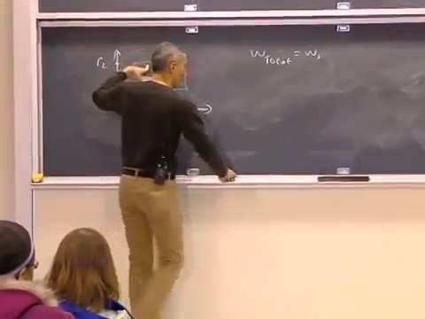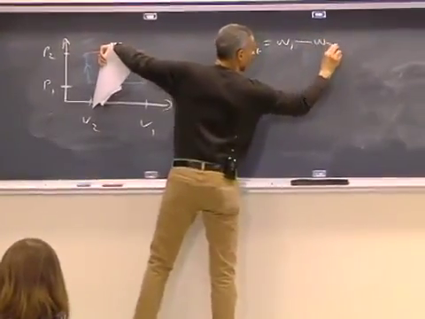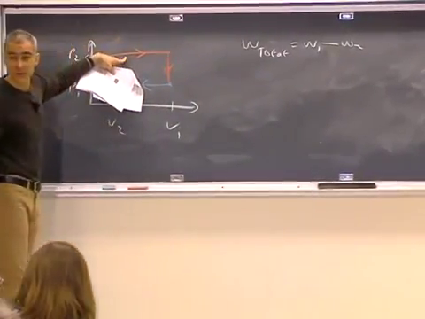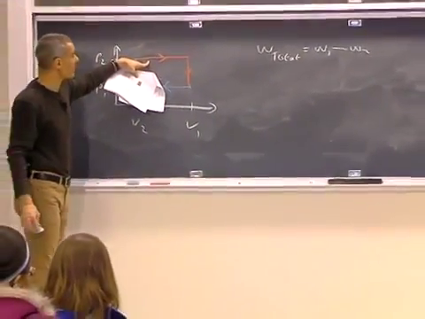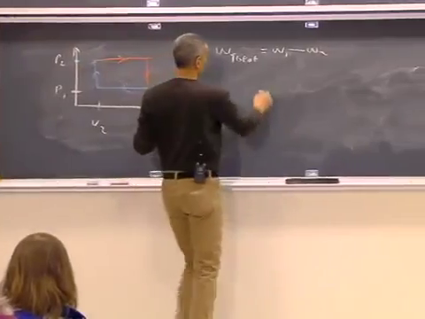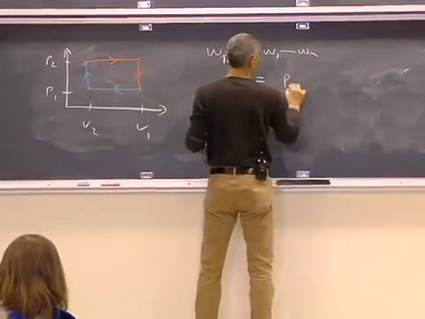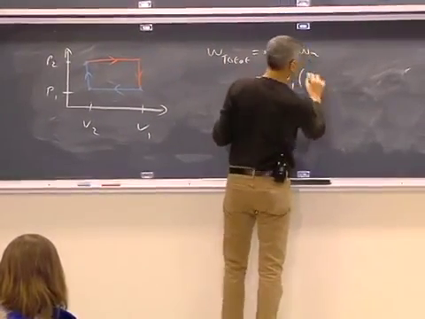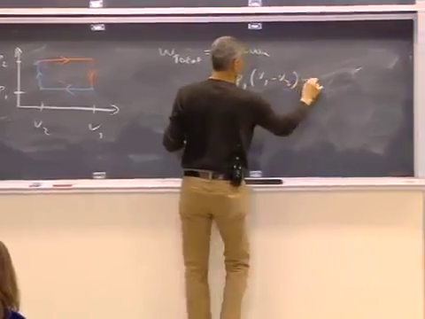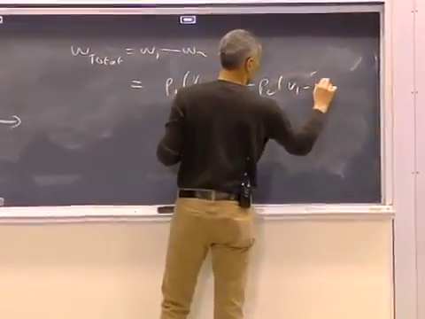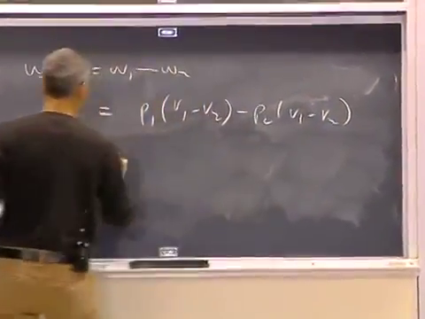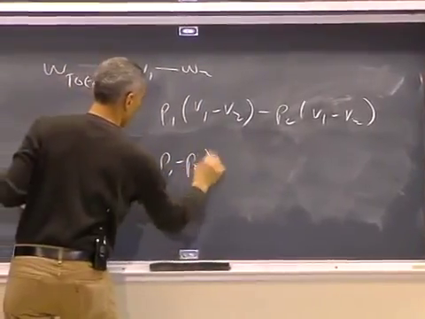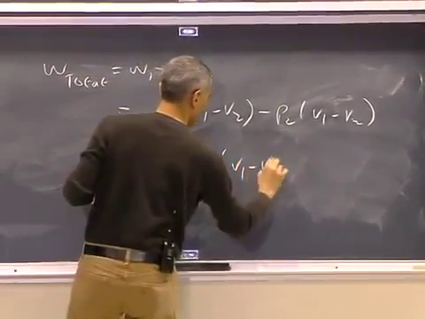So this becomes minus what I calculated before for W2. Right? The total work, in this case here, is P1 times (V1 minus V2) minus P2 times (V1 minus V2). It's (P1 minus P2) times (V1 minus V2).